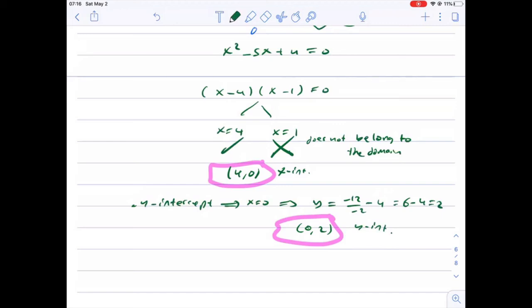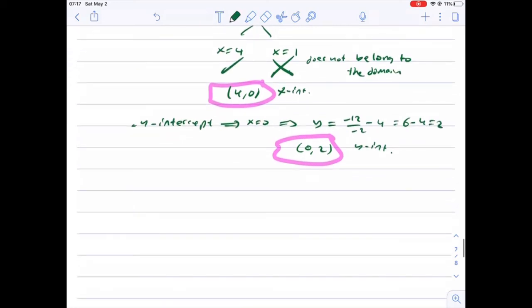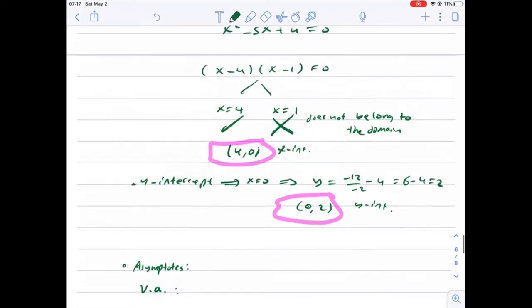Now after that, we try to find the asymptotes. Let's start with the vertical asymptote. For the vertical asymptote, we need to simplify the expression first.